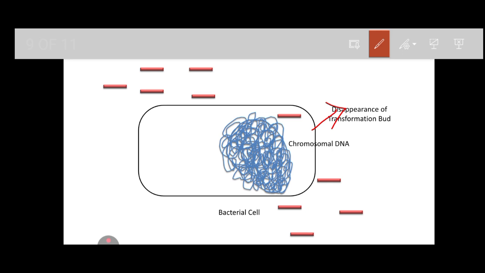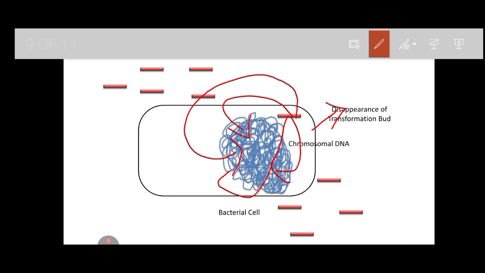Once the DNA gets into the cell, the DNA starts to integrate. The integration takes place in the chromosomal DNA, either here or some other places.